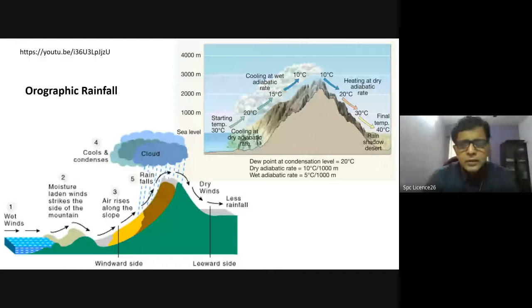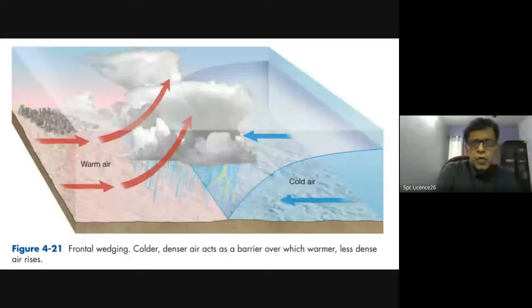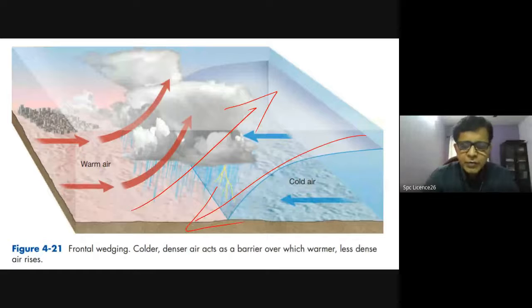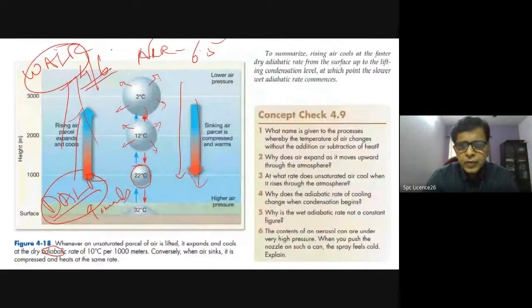Then we have frontal wedging. This is the warm, this is the cold. Wedge means it moves up in this way. The warm and the cold move into each other. This is called wedging.